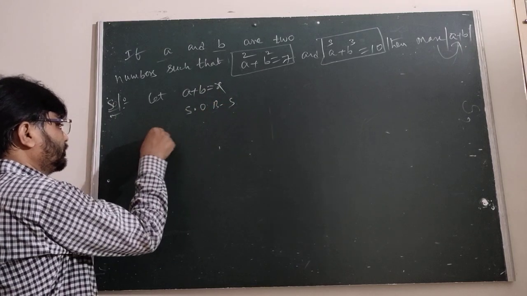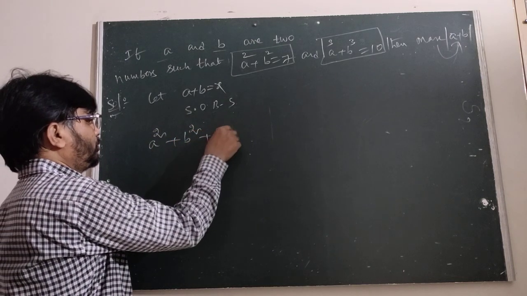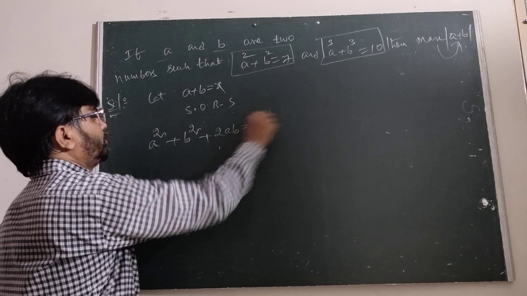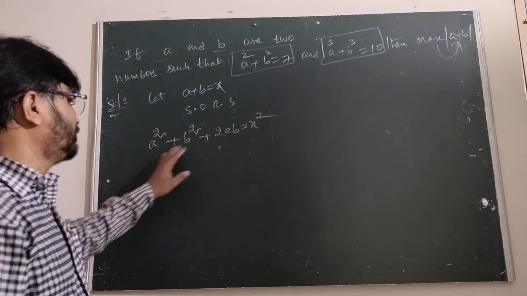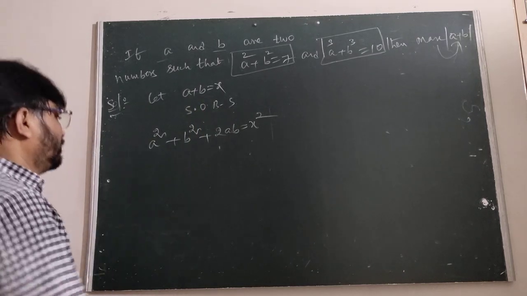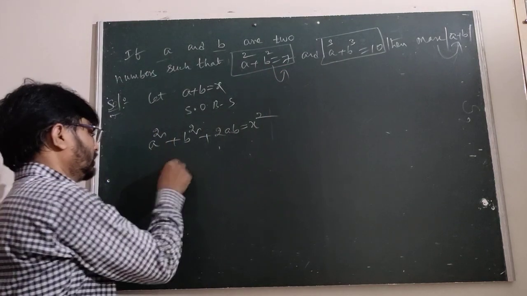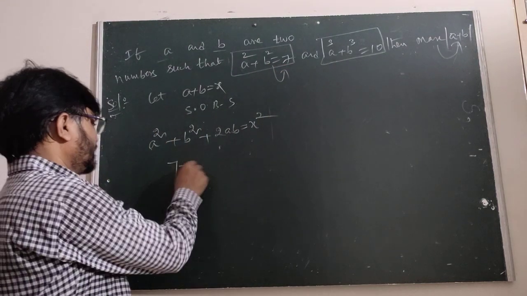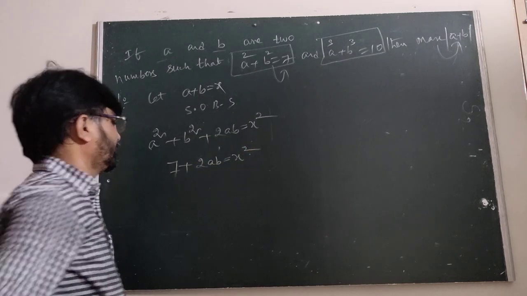A square plus B square plus 2AB equal to X square. A plus B whole square is A square plus B square plus 2AB equal to X square. The value of A square plus B square is 7. That is 7 plus 2AB equal to X square.